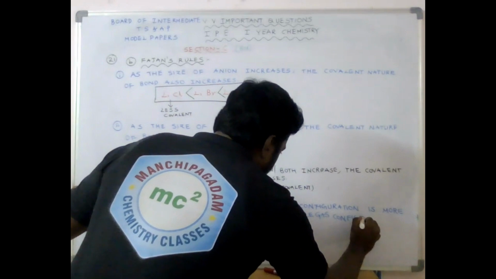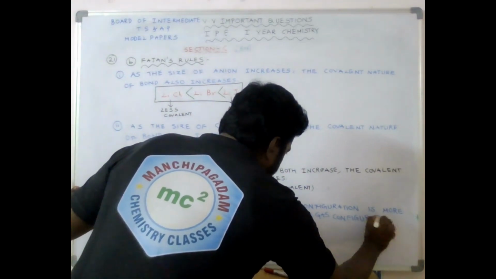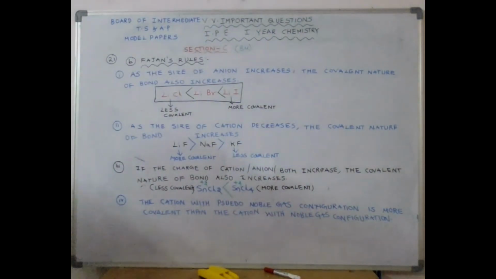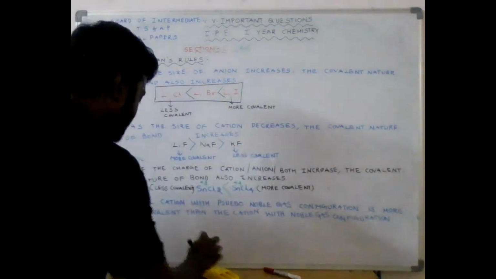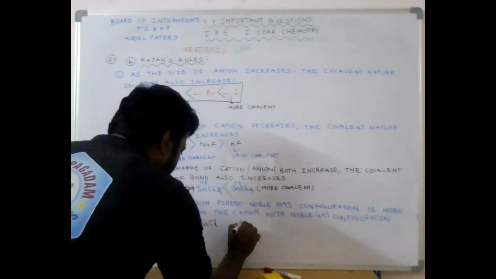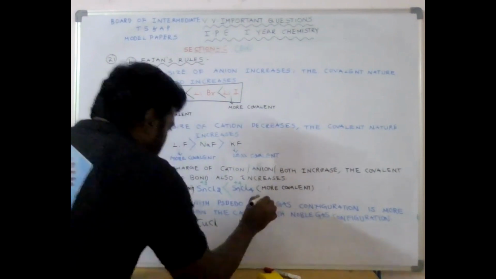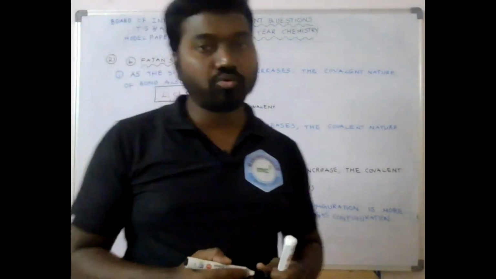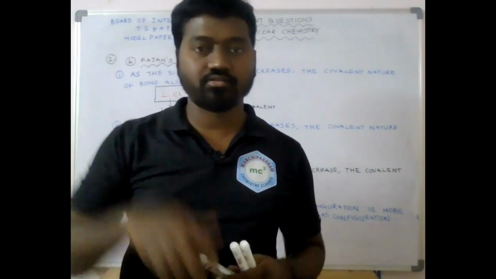The best example for this is cuprous chloride, CuCl. If you want, you can write that also. CuCl means Cu+. Cu+ has pseudo noble gas configuration, meaning the outermost shell of copper contains 18 electrons.